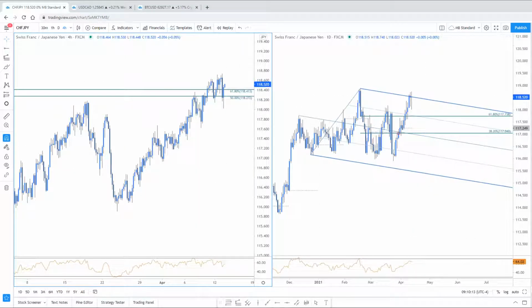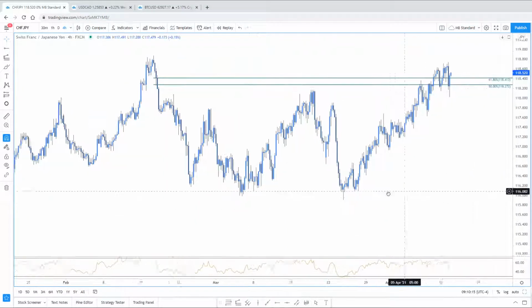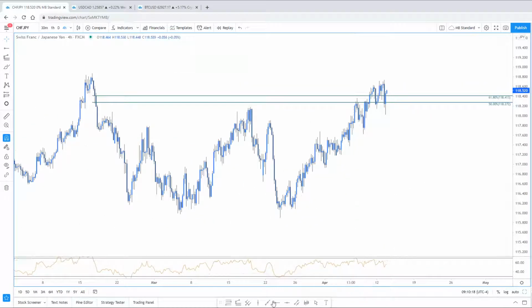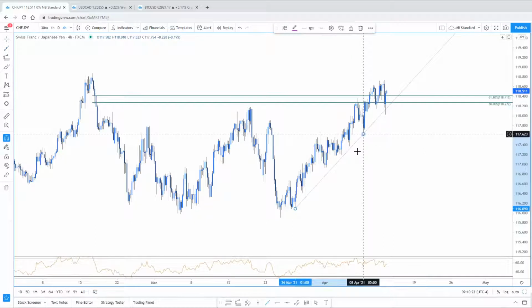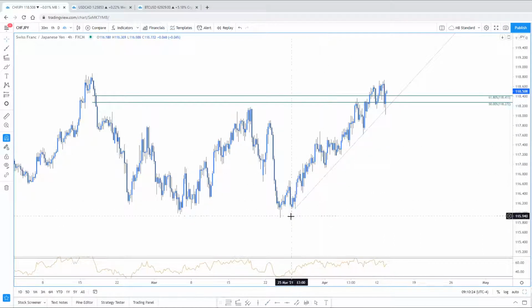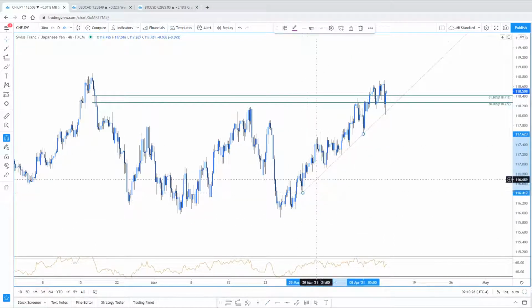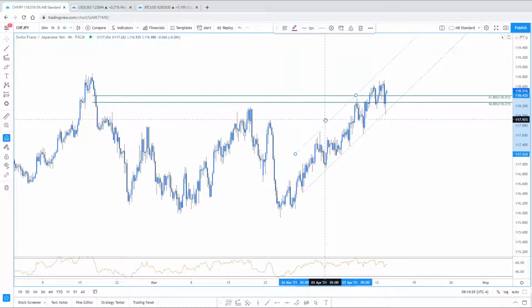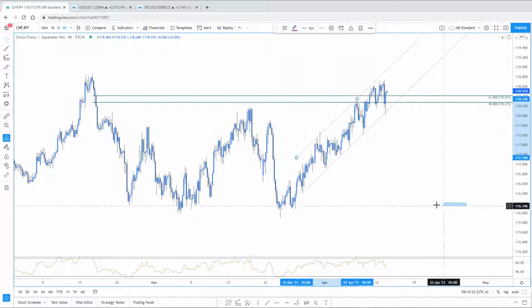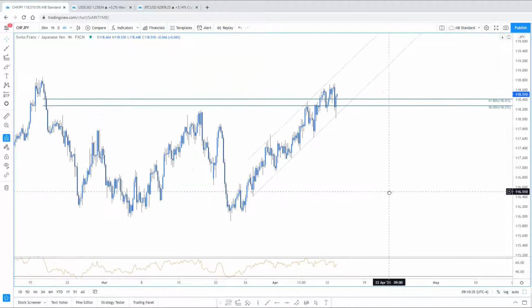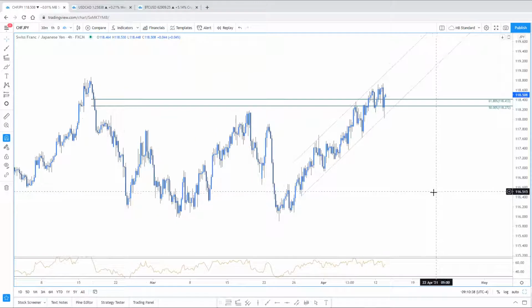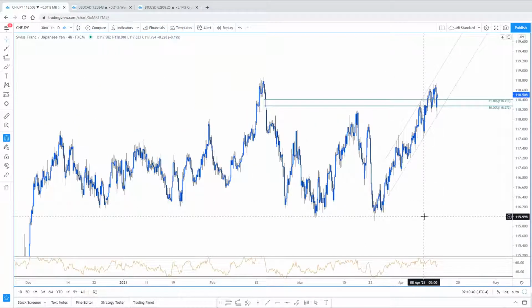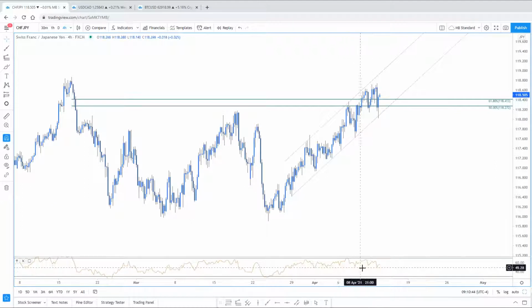But man, that is an ugly, ugly setup. Divergence all into the high.